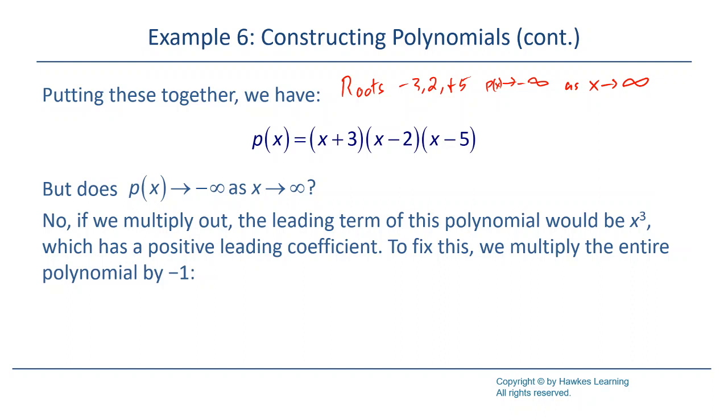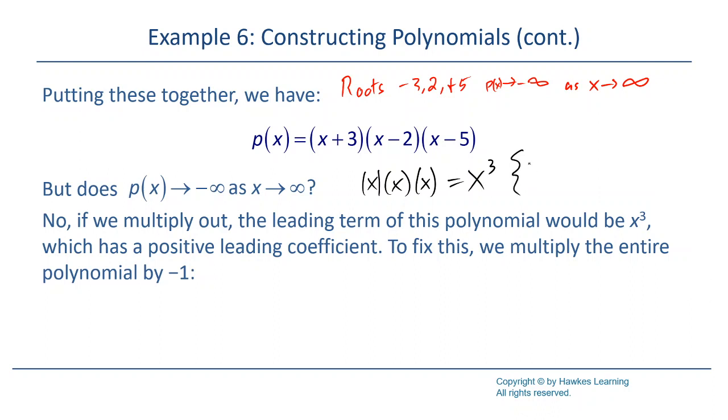As x goes to infinity, does p of x go to negative infinity? Remember to do our check for p of x, we just multiply all of our powers of x and how many times they appear. We just drop the pluses. So this is x times x times x. So this is x cubed.